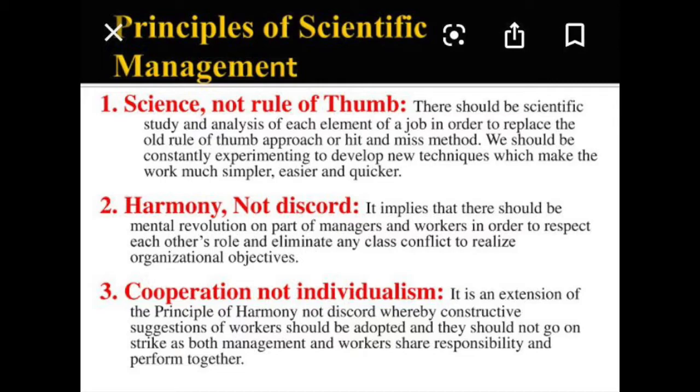And they decided this on the basis of their personal judgment. But Taylor suggests that the standard time for the job should be based on scientific inquiry, and then the scientific output should be determined. Only after determining both of these things, the manager should decide the number of dice which should be made in that particular time, that is 2 hours.